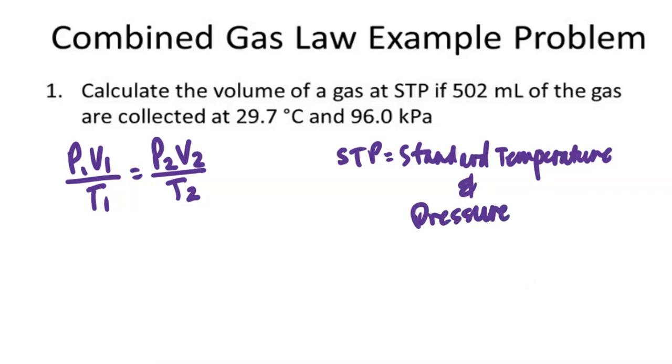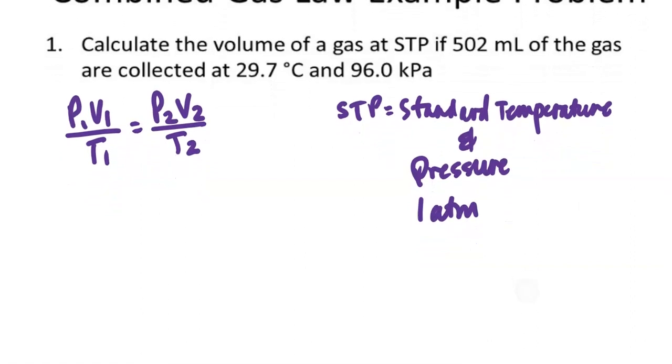Standard temperature and pressure for a gas would be 1 atmosphere and a temperature of 273 Kelvin. And so the gas originally has this pressure condition and this temperature condition. We're being asked to calculate the volume.